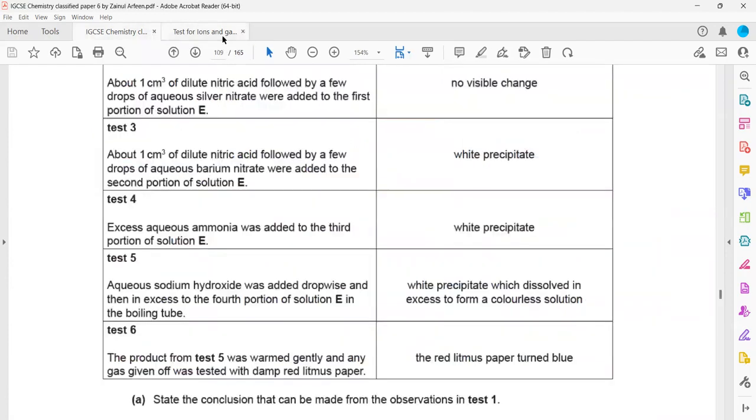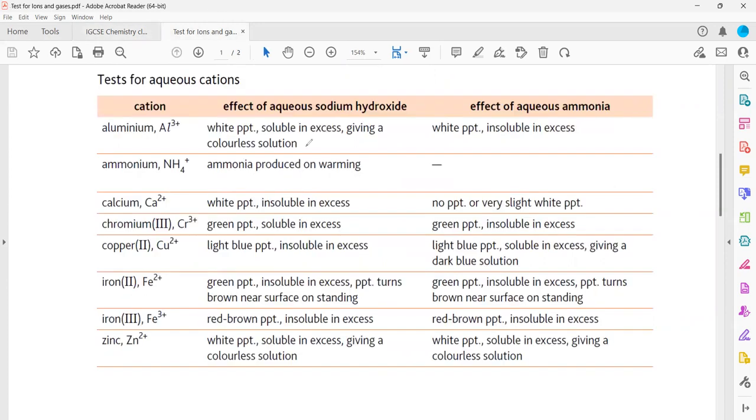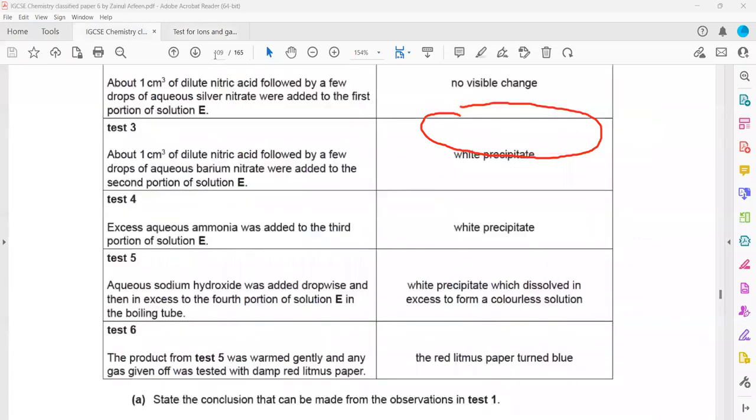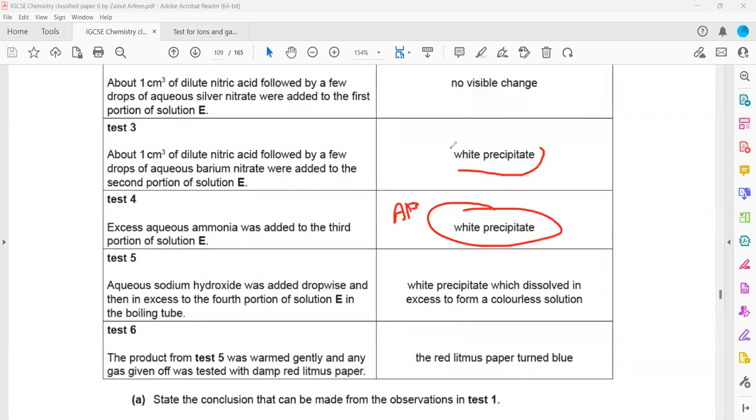So when we add excess of aqueous ammonia, the white precipitate is insoluble in excess. This gives an idea that it is aluminium. This white precipitate gives an idea aluminium is there, while the earlier white precipitate gave an idea it's a sulfate.